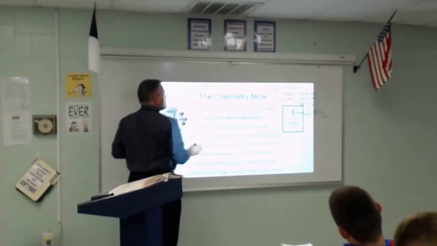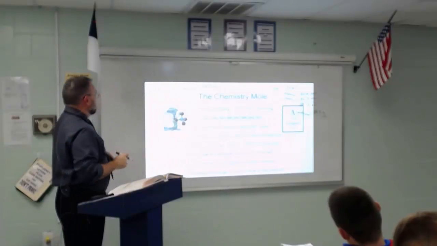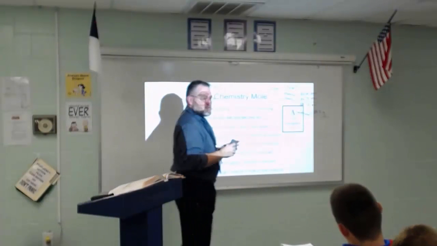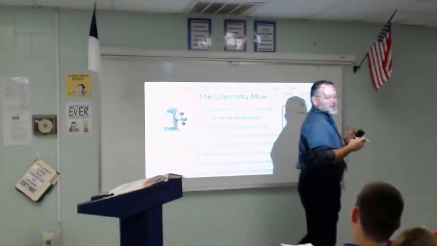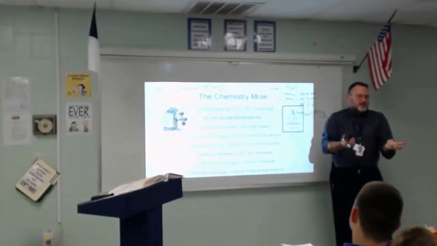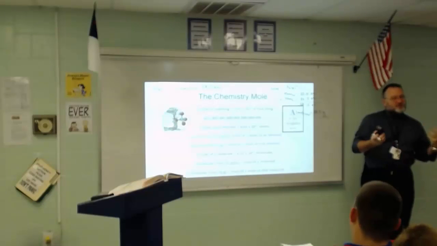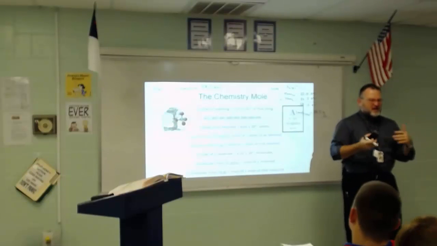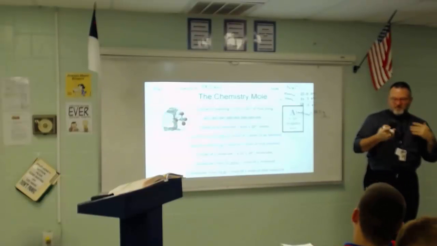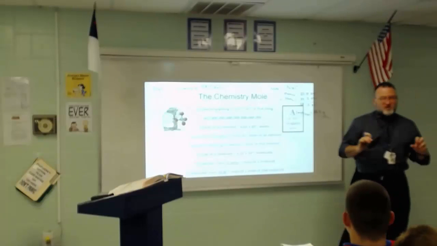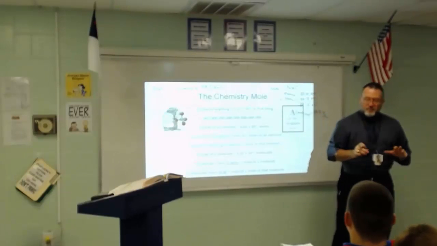Right? Got that. So for the mole, all we're doing is saying, I need something I can actually work with. I can't work with AMUs. I need a mass which is big enough that I can measure it out, because when we do chemical equations and reactions, we're going to be doing it in proportion.